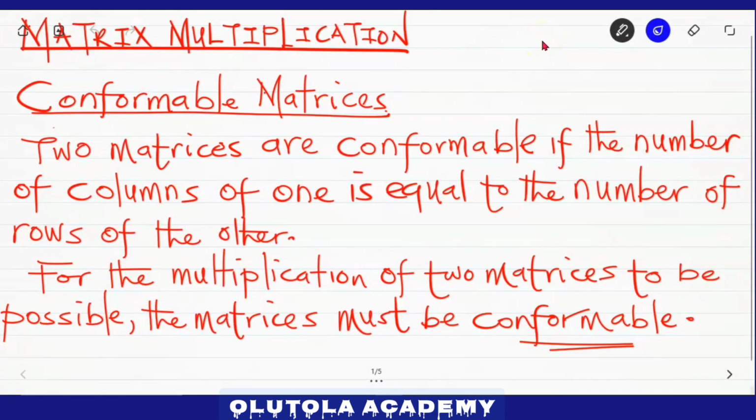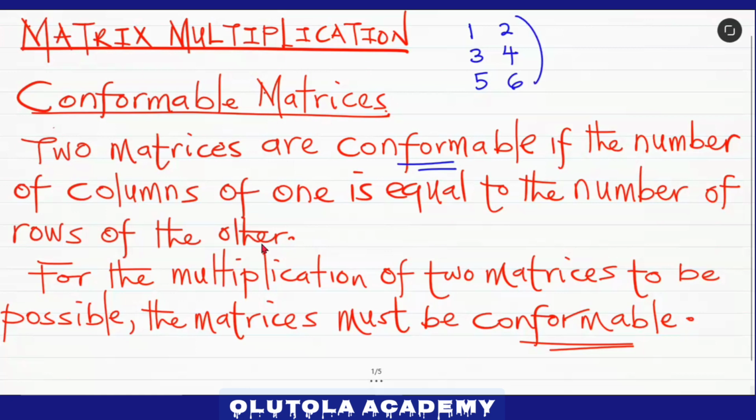Conformable matrices: two matrices are conformable if the number of columns of one is equal to the number of rows of the other. Don't forget that if we have a matrix, let's say 1, 2, 3, 4, 5, and 6, this is a 3 by 2 matrix.